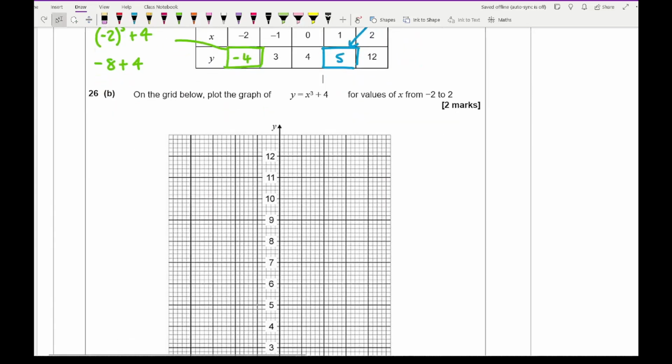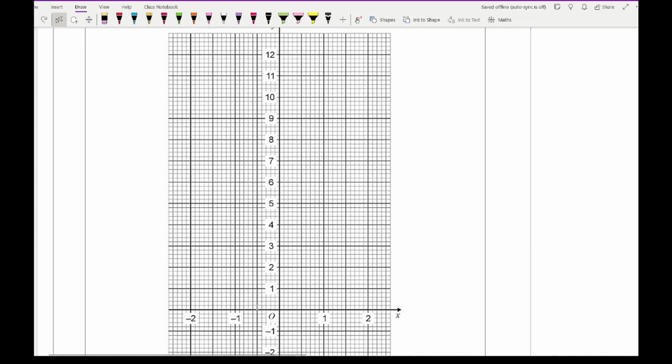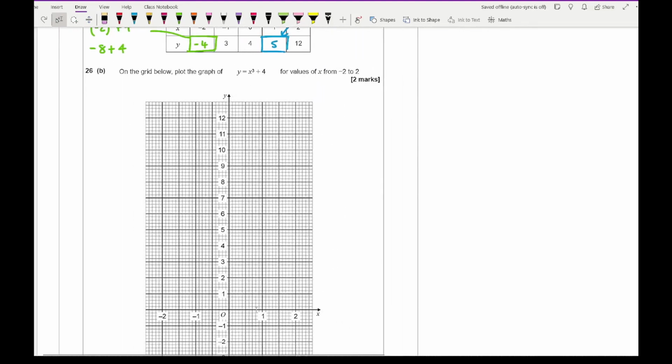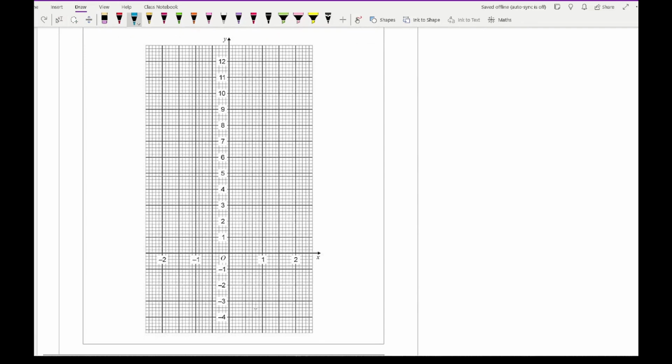So all that's left for me to do is plot those coordinates. If I zoom out a little bit, I can see all of that. Now I'll do a little table of values on the side. So we've got x as minus 2, minus 1, 0, 1, 2, and y as minus 4, 3, 4, 5, and 12. Plotting these points, minus 2, minus 4 is here.